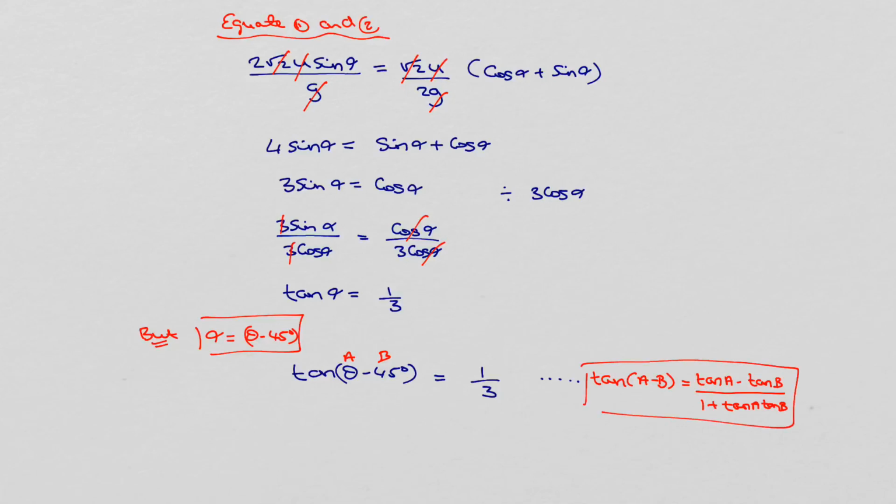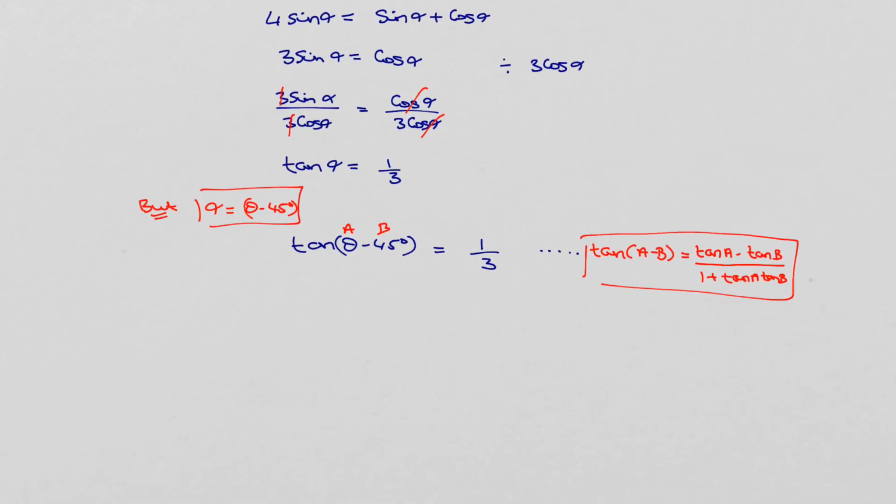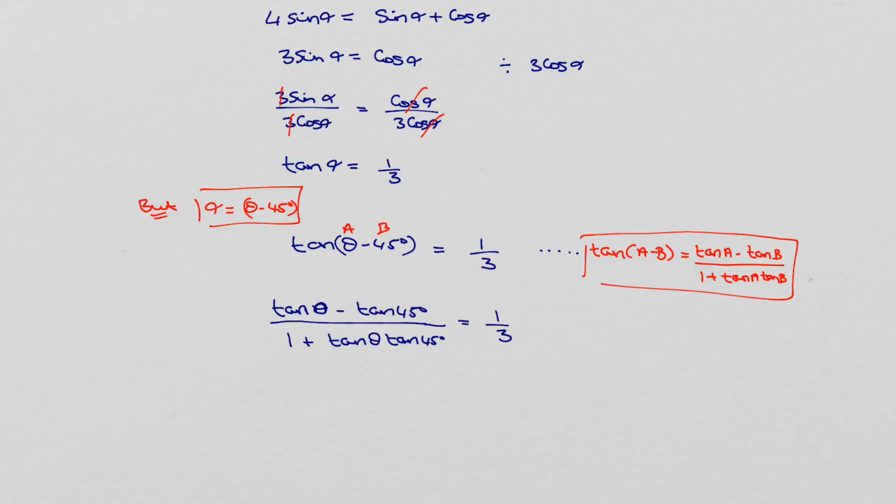And therefore if I sub in here, what we end up with is tan A, which is tan theta, minus tan B, which is tan 45, all over 1 plus tan A, so tan theta, times tan 45. And again, they've been really nice to you that year in the Leaving Cert because, of course, tan 45 is 1. And therefore that gives us tan theta minus 1 over 1 plus tan theta is equal to 1/3.